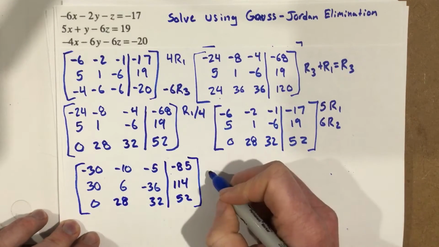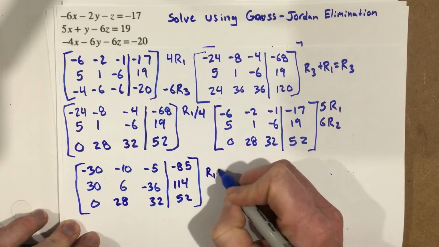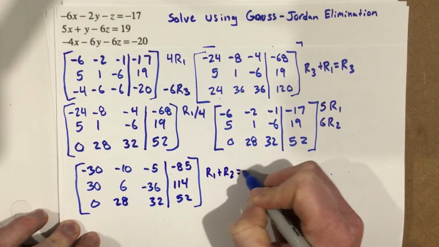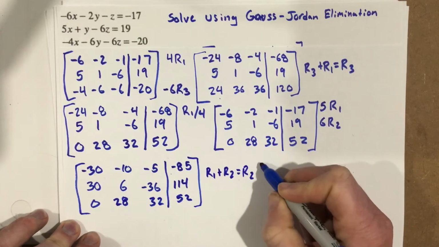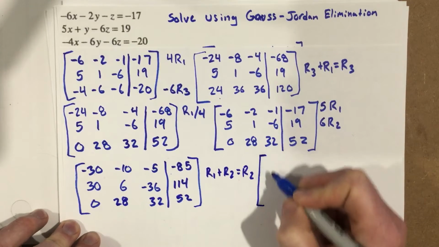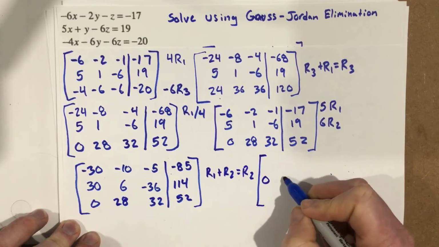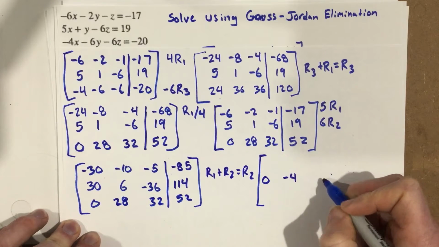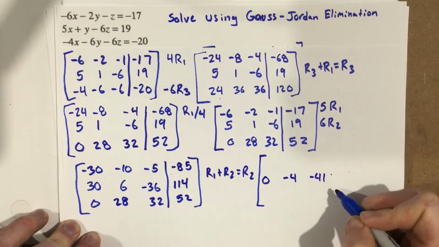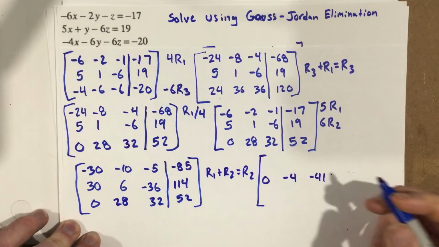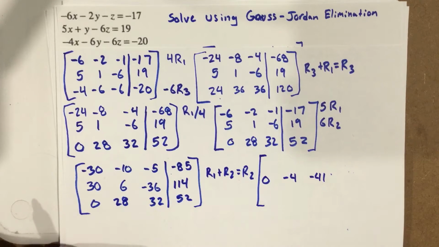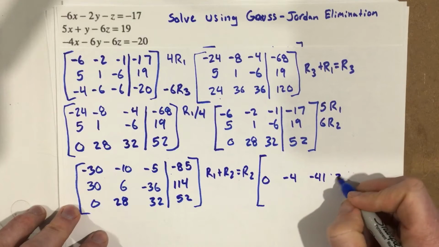Now we're going to add row 1 plus row 2, and that's going to equal row 2. When we add those, we get 0, -4, -41, the -85 and the 114, 29.